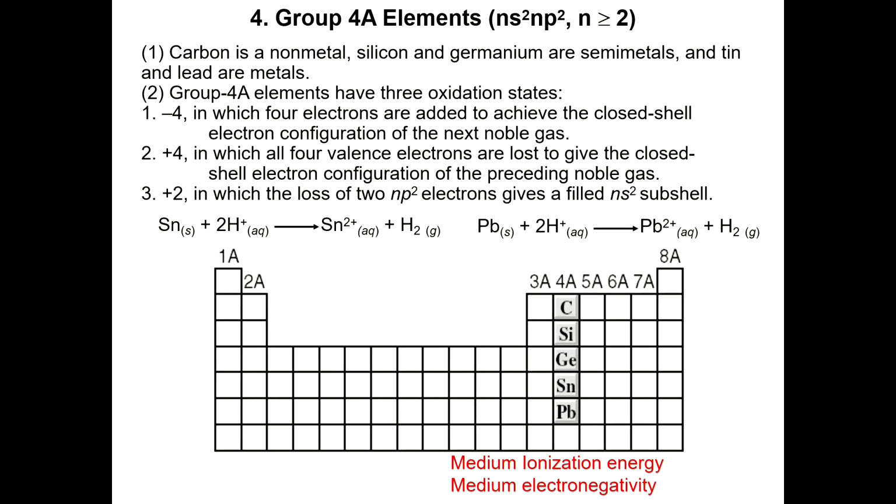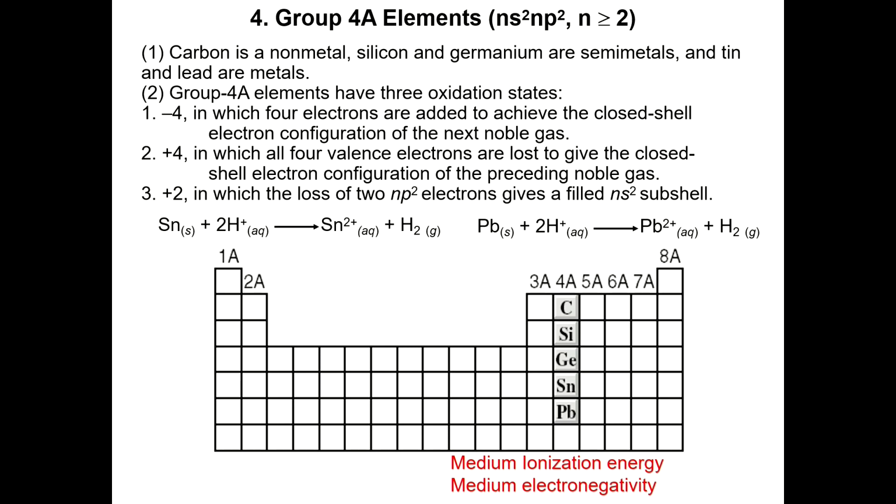4A are these elements. They have medium ionization energy, and the electron configuration is ns2 np2. So they can lose all these 4 electrons, or they can also get 4 more electrons to fill the orbitals.